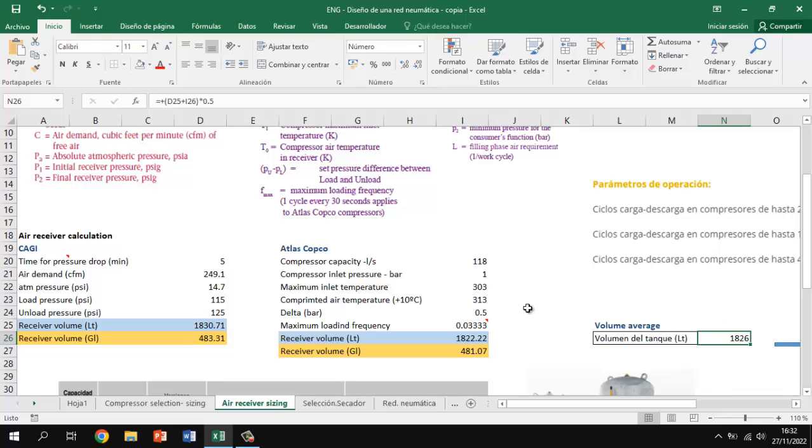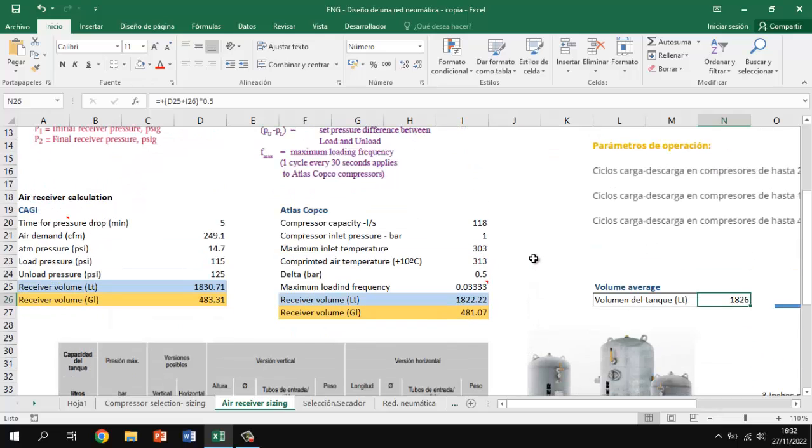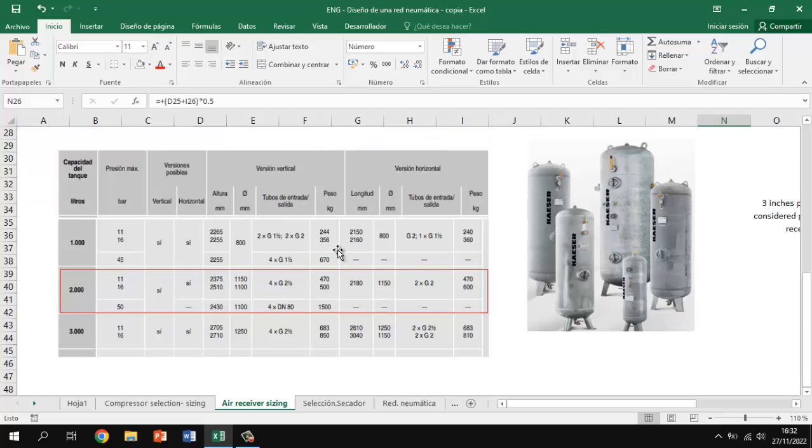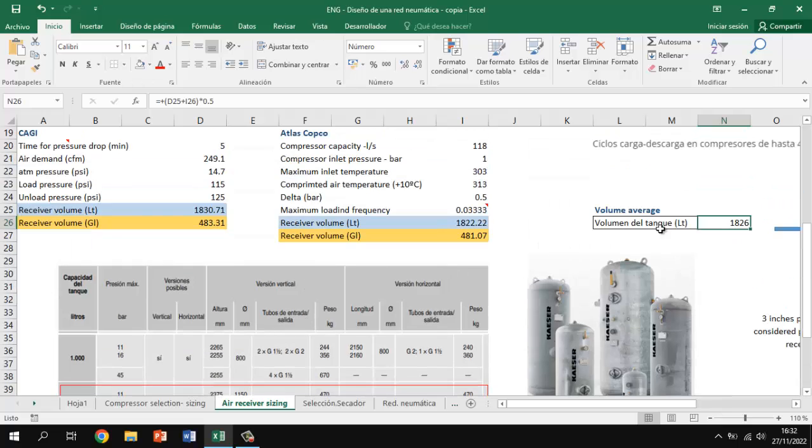So for this, you have the volume of your air receiver, but in reality you should select the next size up. If you see in the market, you have 2000 liters. Well, this is in Spanish from Kaiser, as you can see, but this is in liters. So we have 1000 and then 2000, so we should go to the next one.